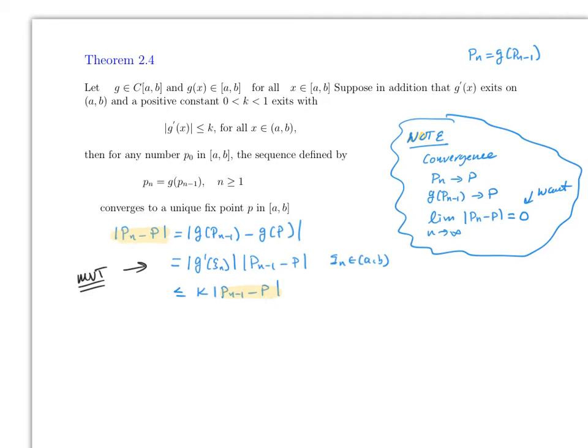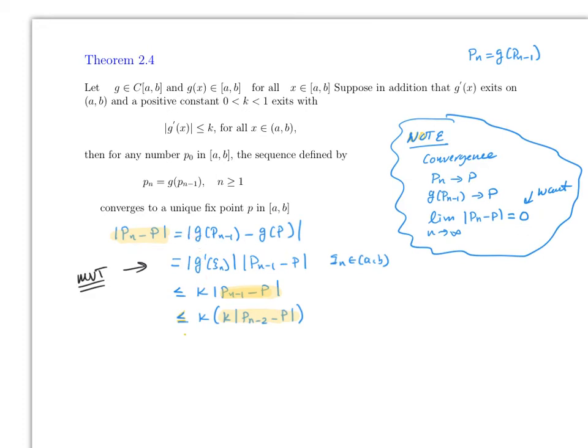So you do this one more time, this is going to be less than or equal to K times K times Pn minus 2 minus P. This part will give you this if we go through the iteration one more time.